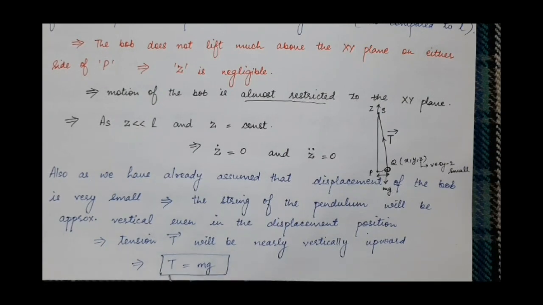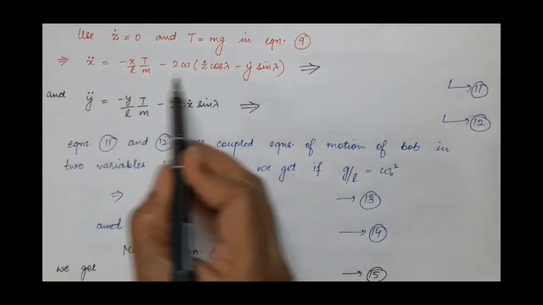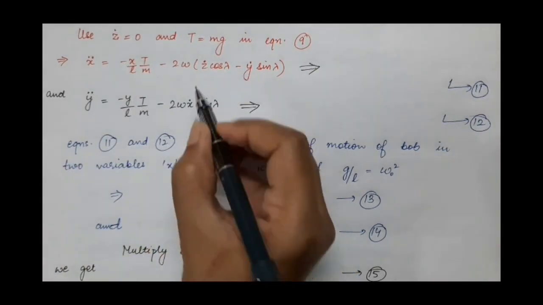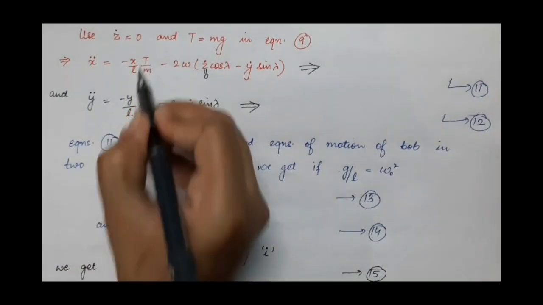So now put T equal to mg and z dot equal to 0 in equations 8 and 9. So this was our equation 8. Now put z dot equal to 0 here and T equal to mg here.